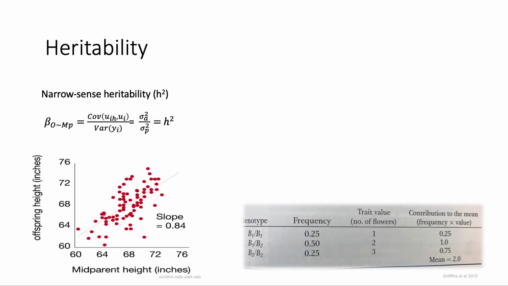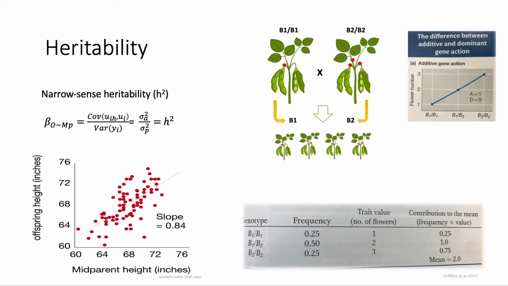And to use again the example that we just mentioned about the plants, imagine that we have two homozygous lines. So we have a homozygous B1 that has just one flower and a homozygous B2 that has three flowers. As both of them are homozygous, they can only produce one gamete.